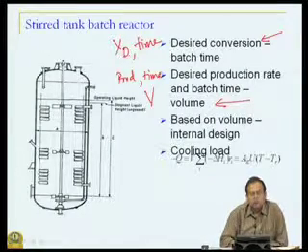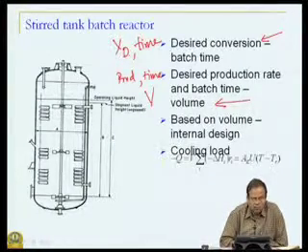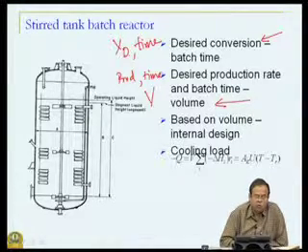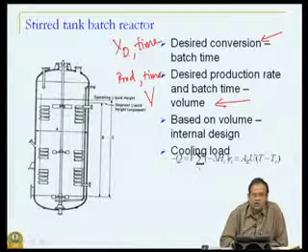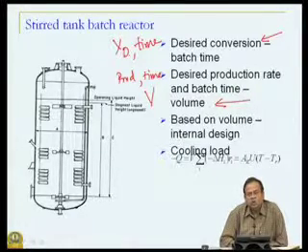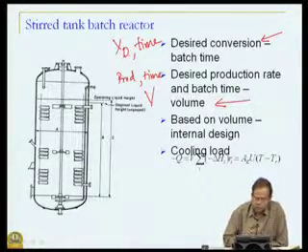The last thing that one needs to design, because this is an exothermic reaction, and if you go back to our energy balance and the fact that we want to run this as an isothermal reactor, we would like to find out what is the cooling rate that is required.